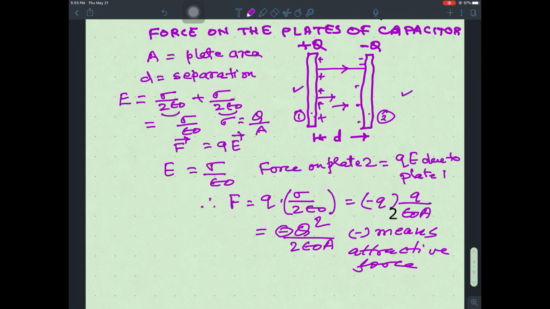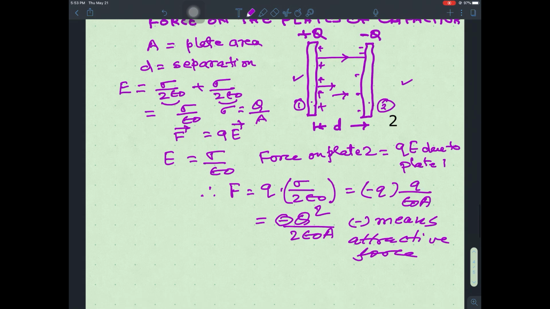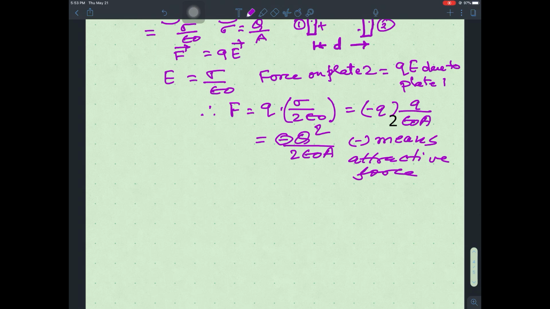Here the force does not depend upon the separation D. It is important to understand. The force does not depend upon D. What is D? D is the separation between the plates.